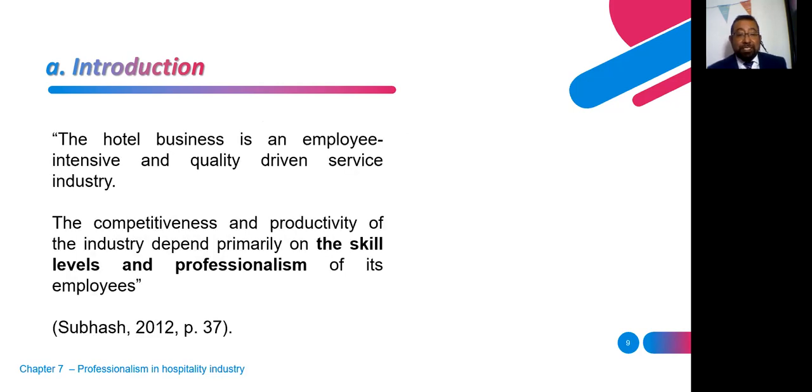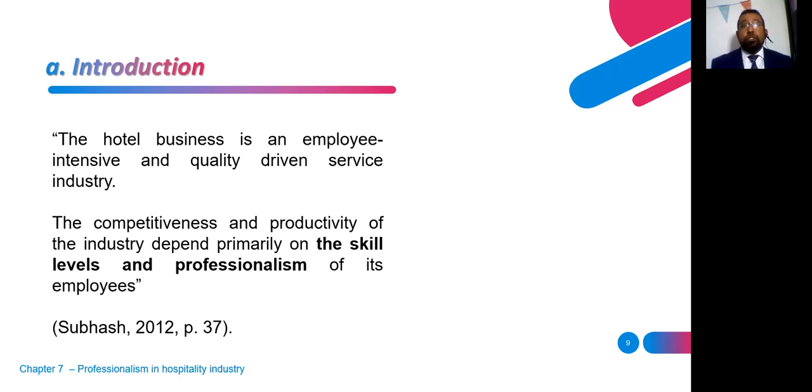The hotel business is an employee-intensive and quality-driven service. The competitiveness and productivity of the industry depends primarily on the skill levels and professionalism of its employees. That's according to Subhash, 2012, page 37. So it all depends on your skill and professionalism.